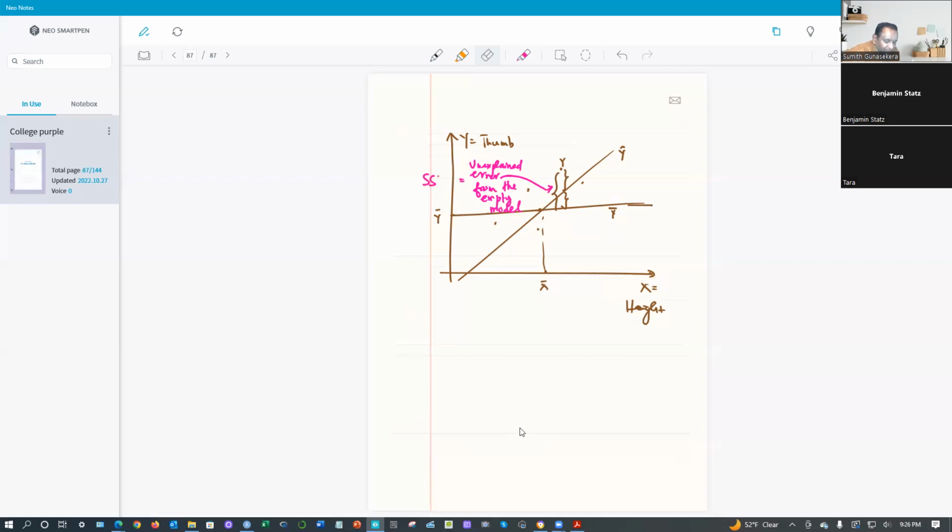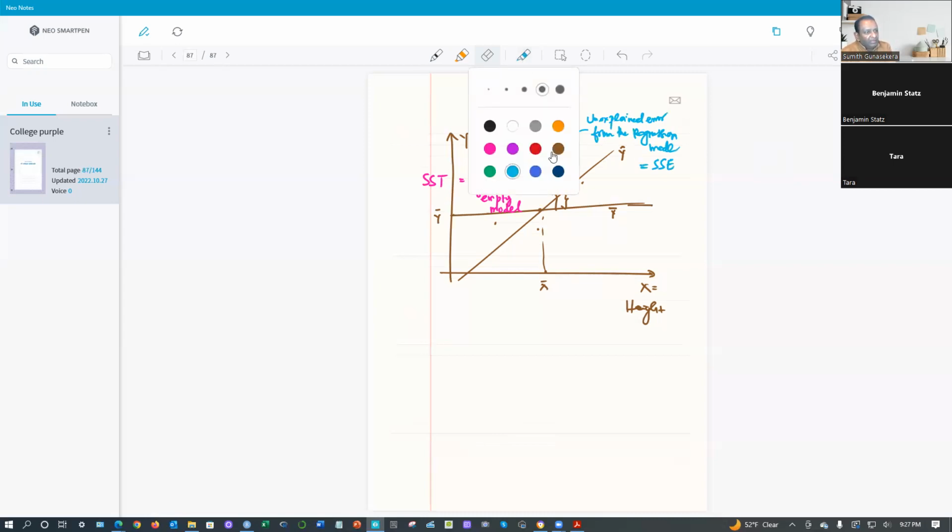Sum of square total. This one. Okay. Unexplained error from the regression model. Regression model. It has a name, sum of squared error, SSE.